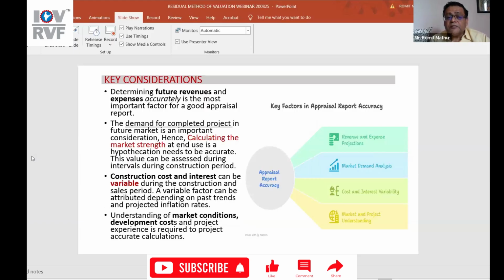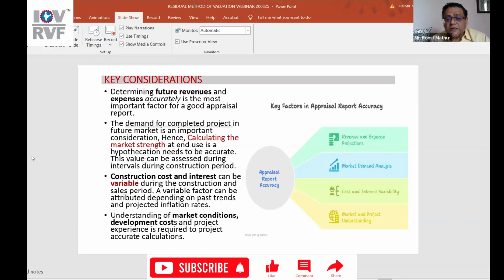The demand for the completed project in the future market is an important consideration. Hence, calculating the market strength at the end, using a hypothetical approach, needs to be accurate. This value can be assessed at intervals during the construction period, as explained earlier.